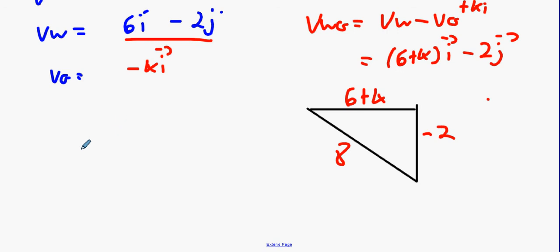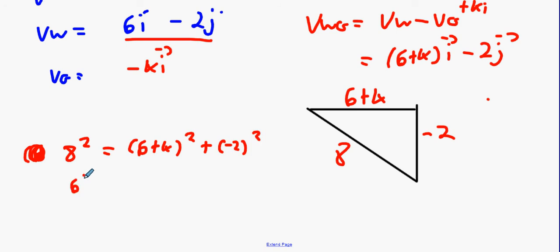So then we're going to get 8 squared equals (6 plus k) squared plus (minus 2) squared. 64 equals 36 plus 12k plus k squared plus 4.